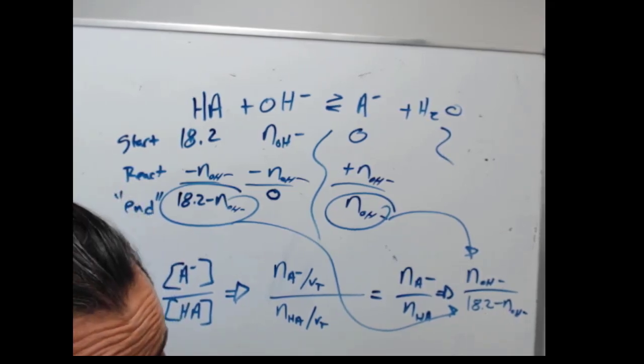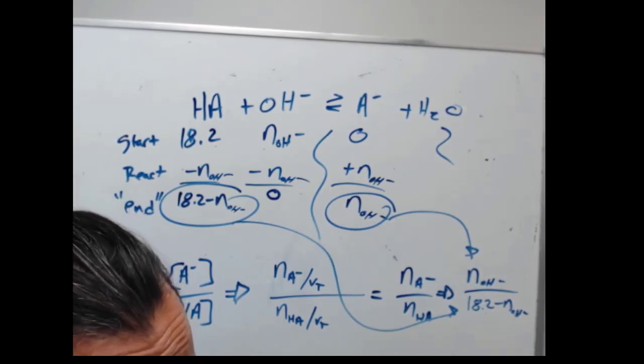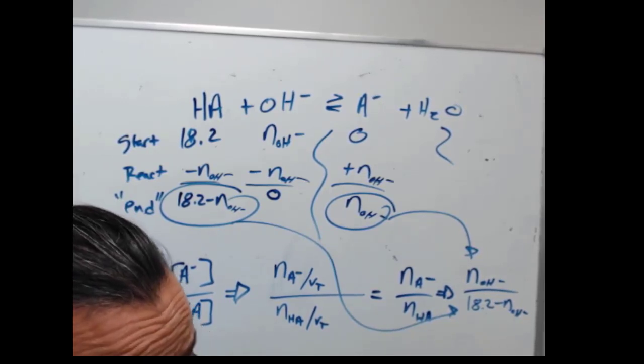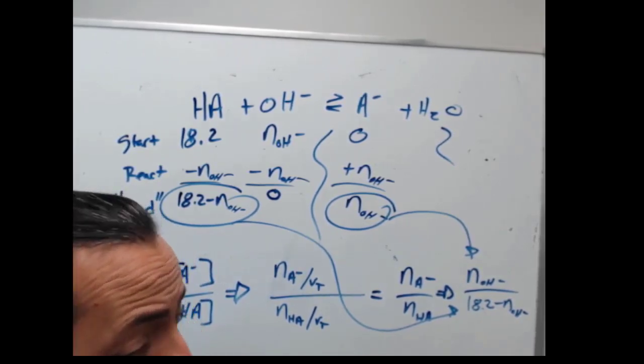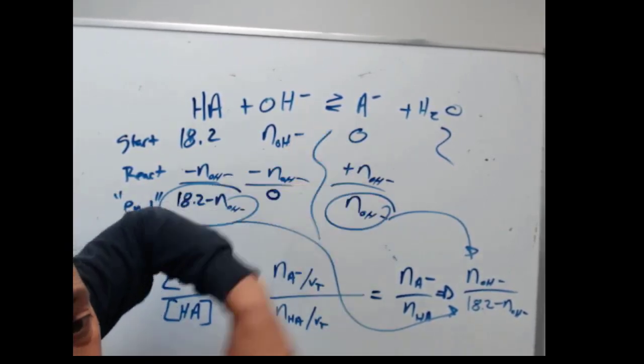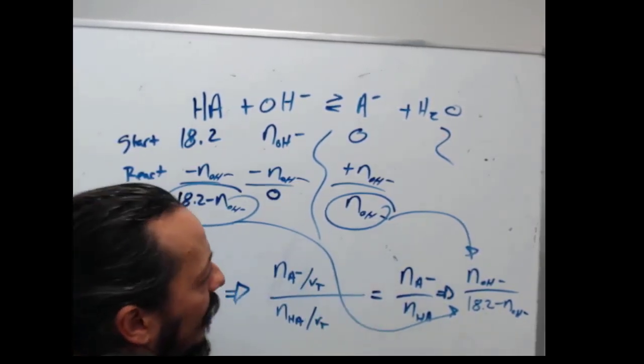If we were doing a weak base with strong acid, we would do something else. There are different stoichiometries. If we had a buffer and were adding strong acid, that wouldn't be 0, we'd be doing something else, right? There's a lot of different stoichiometry we can do. Do the stoichiometry, then plug it into Henderson-Hasselbalch.